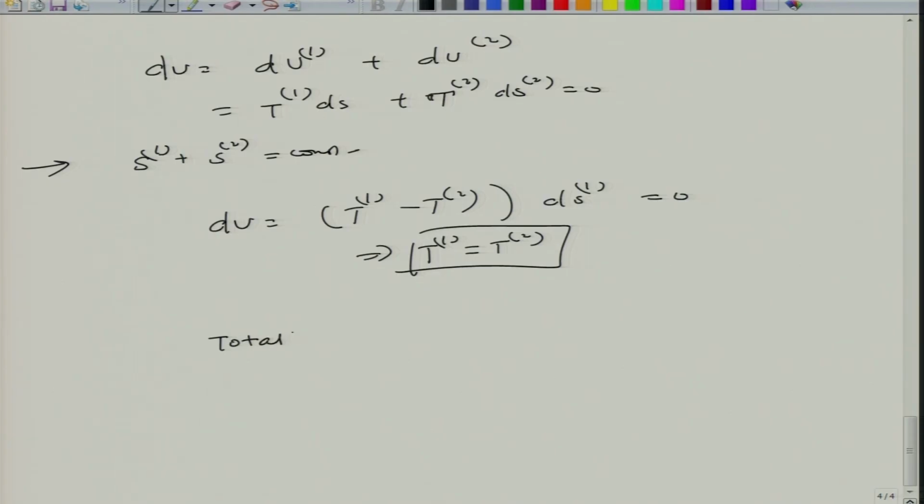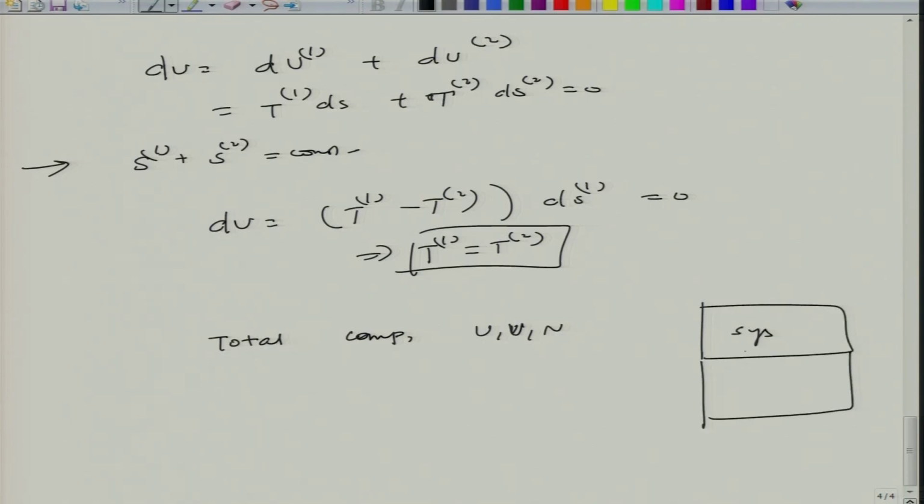Take a total composite system at U, V, N. We can still consider that, but the system we are interested in is at T, V, N, by making sure that you have a diathermal rigid wall, with heat being exchanged with a bath at temperature T. So, this could be a T_B.